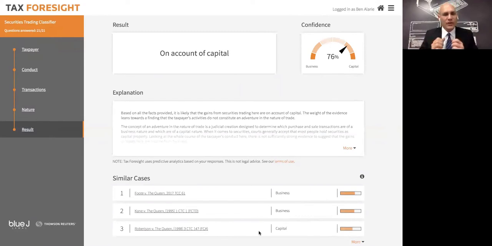So what you can do is really get into the context of a particular case, what's really driving the courts in this area, and you can really explore that space. And so lots of people are using Tax Foresight to explore lots of different scenarios and try to figure out a positioning strategy. How do we want to position the facts of this case when we're advocating for a particular outcome?